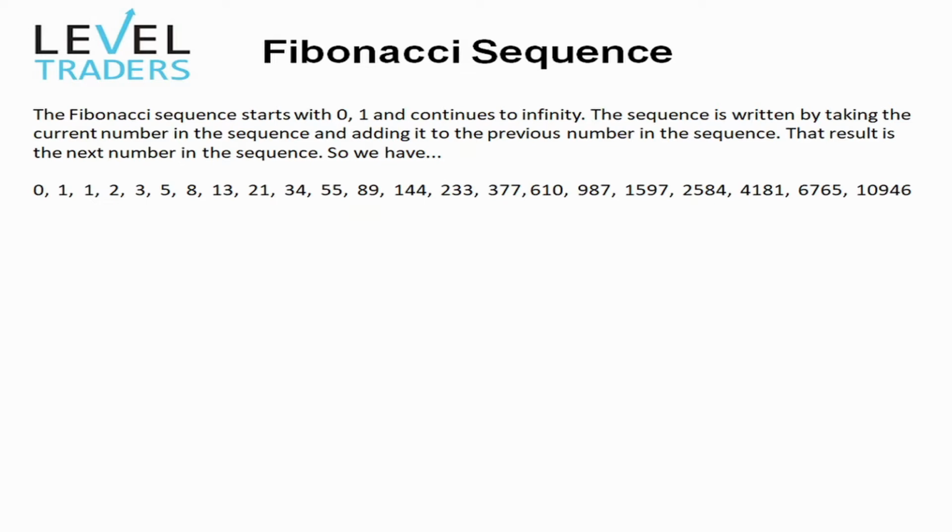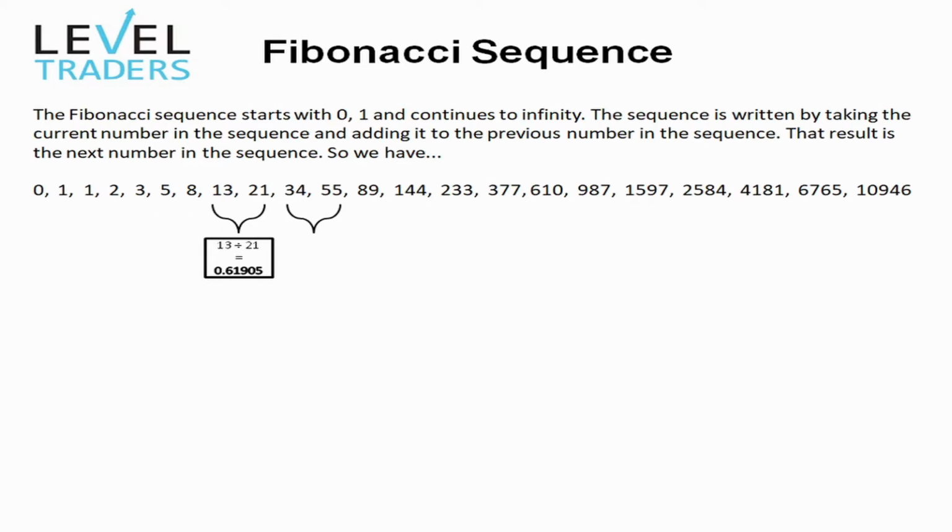So then, here's what happens. If you take the number in the sequence beyond the initial few and divide it by the next number, you should get an approximation to 61.8. Let me show you. If you take 13 and 21, if you divide those two numbers together, you get 0.619.